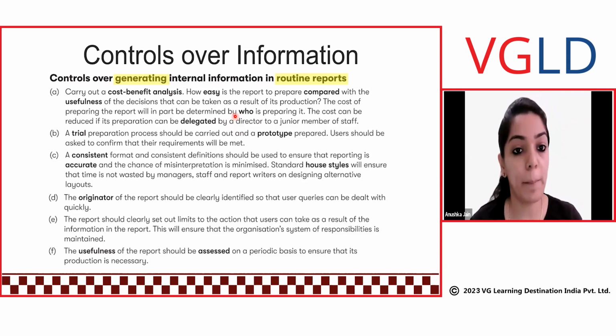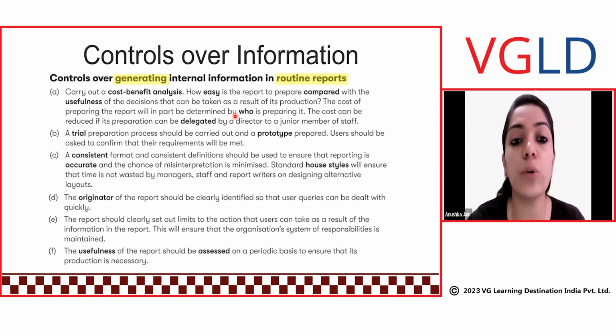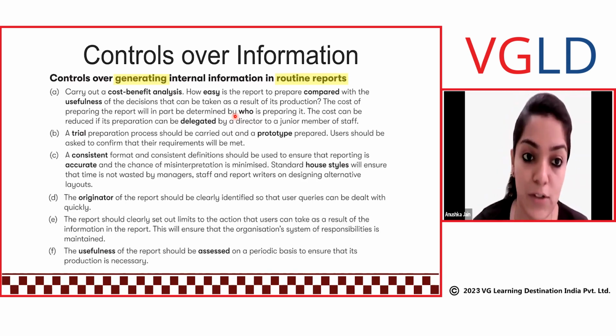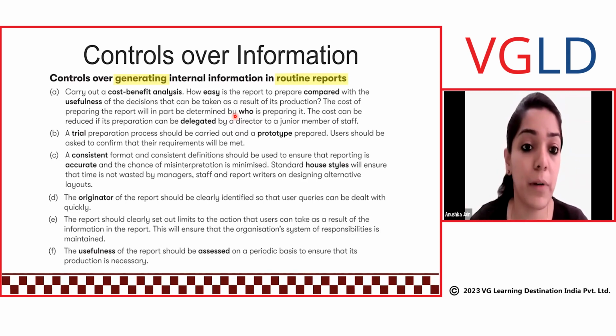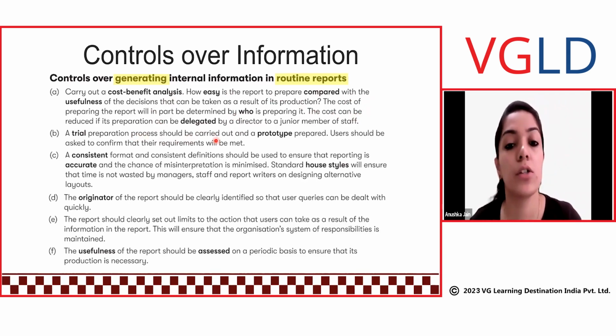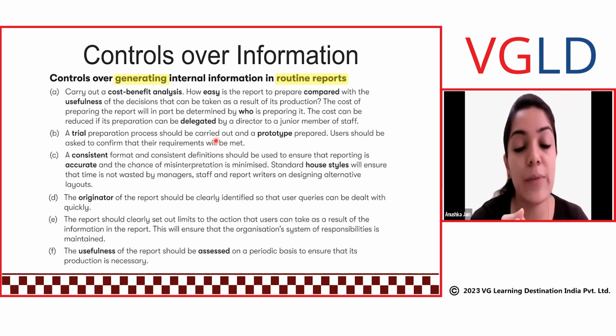If the report is so complicated that the executive cannot do it and the senior manager has to do it, definitely the company is not being conscious enough to see the usefulness of the report. Is it really that worthy? That is the control that needs to be set: who is it being prepared by? So the cost can be reduced if the preparation can be delegated by a director to a junior member of staff. Okay. So these are the important aspects we need to keep in mind.